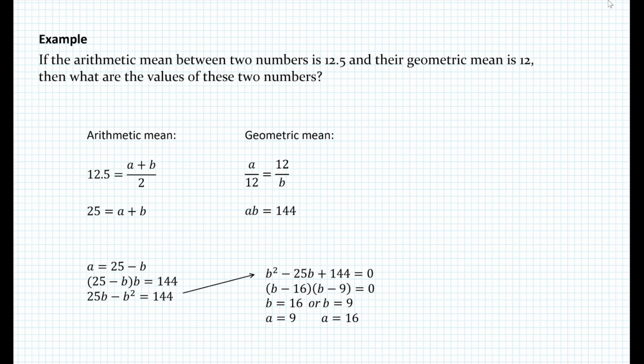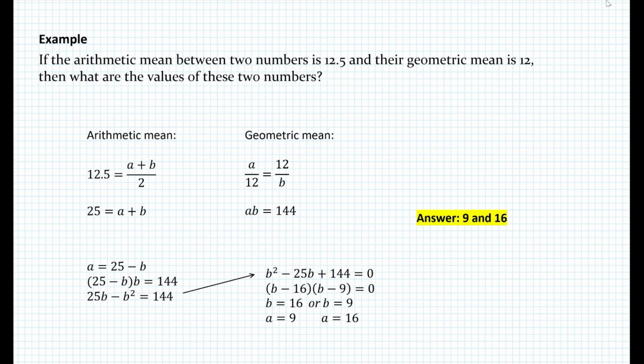Regardless, if b is equal to 16, then the a value is 9. And if b is equal to 9, then the a value is equal to 16. Does it matter which one is b, if it's 16 or 9? It doesn't really matter, because in the example we're being asked which two numbers these are. And the two numbers are simply 9 and 16.